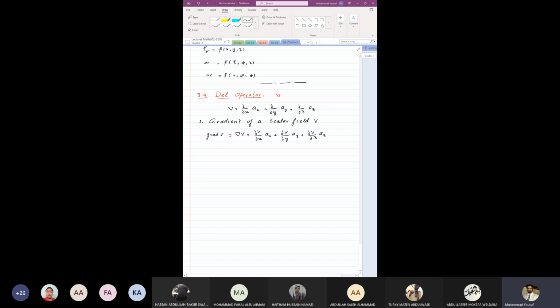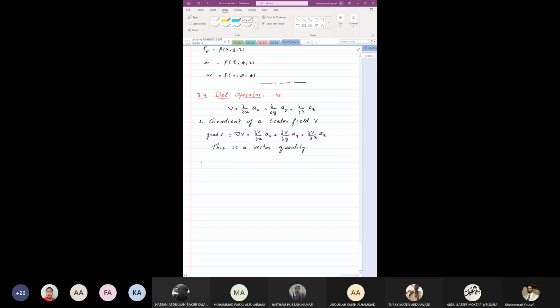So the gradient of a scalar field is a vector quantity. Gradient of a scalar is a vector.